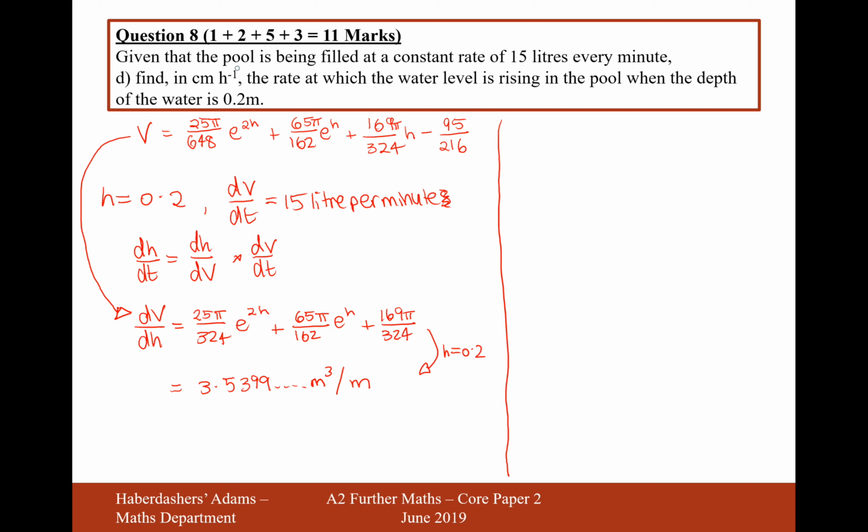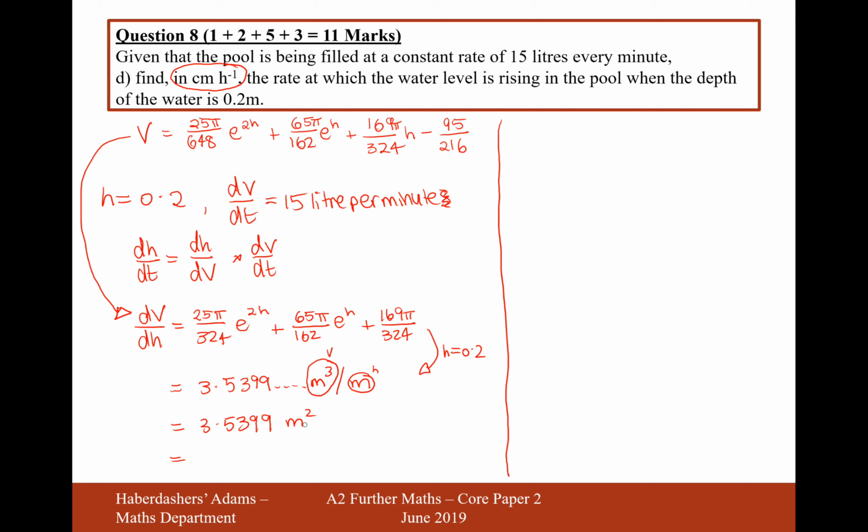Now the key for this question is we want to find the rate at which the water level is rising in centimetres per hour. So I need to change this into centimetres. Well, actually, if we have a look at the units here, it's meters cubed over meters. So this is going to change into meters squared. This is the unit for the volume, this is the unit for the height, so it's effectively V over H, so it's going to be meters squared.